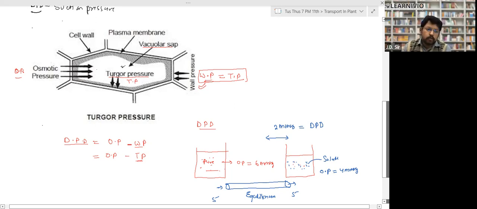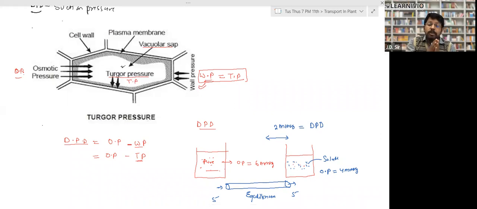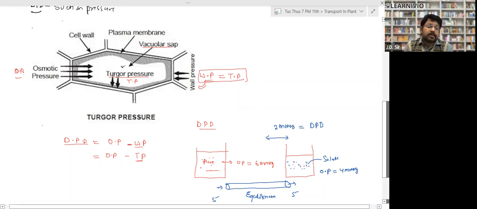So due to osmotic pressure, water enters into the vacuole. When water enters into the vacuole, these water molecules put pressure on the plasma membrane in this direction. This is called osmotic pressure. So osmotic pressure is the pressure imparted by molecules on the semi-permeable membrane during the process of osmosis. That is called osmotic pressure. So osmotic pressure takes place inwards in the cell.